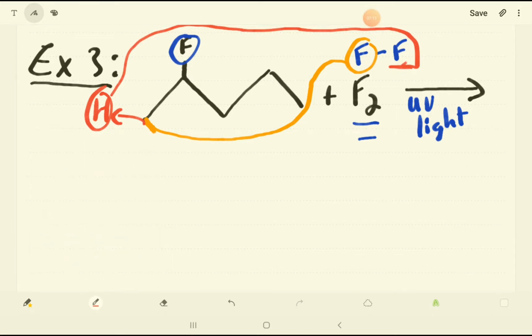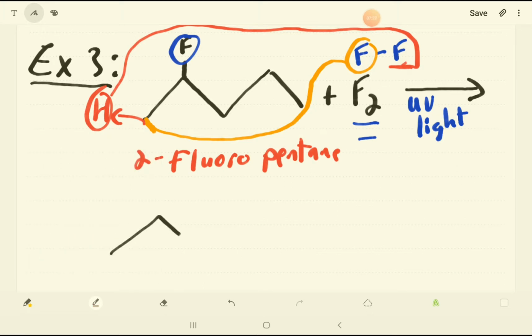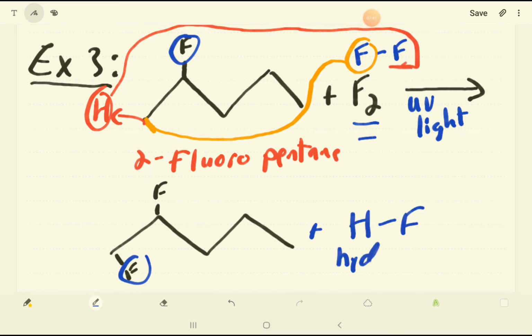So right now we had 2-fluoro 1, 2, 3, 4, 5 pentane, and it will turn into, we got fluorine that's already there, we got a new fluorine that is present over here, plus HF, which is hydrogen fluoride.